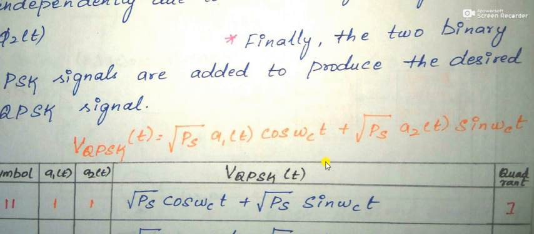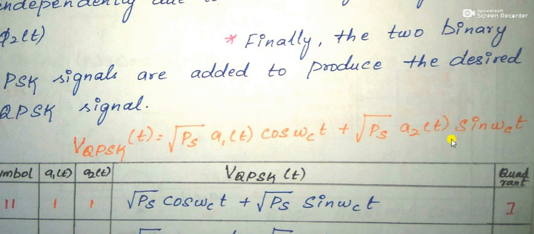The two binary PSK signals are added to produce the desired QPSK signal: the carrier root Ps cos omega ct times A1(t), the odd bit, plus root Ps times A2(t) times sin omega ct, the even bit.